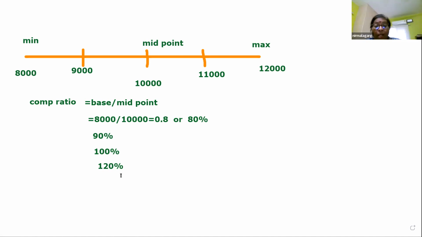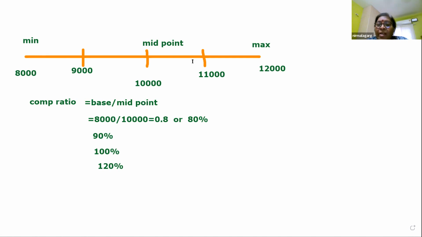So typically what happens, why do I have comp ratio? It helps me to understand how to fix policies, promotion policy or my recruitment policy, etc. Let me talk about policies first. I'll say anybody who enters my organization, I will recruit them only between 80% and 90%.